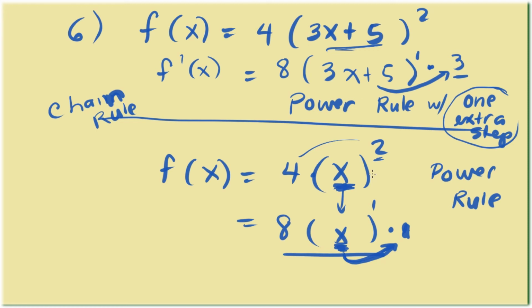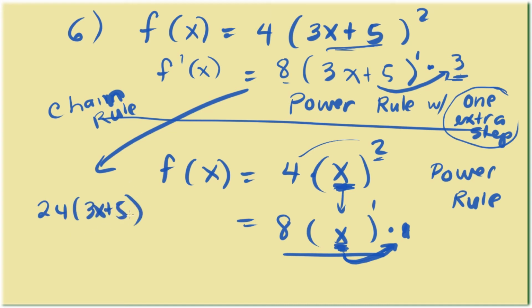So all that's left here on number 6 is just simplifying, meaning 3 times 8. Okay? So we just multiply the 3 and 8, which is 24, and then 3x plus 5. Okay? So you can leave your answer as is, or you can distribute the 24. All right. So that's the chain rule. And let me give you another example using the chain rule.